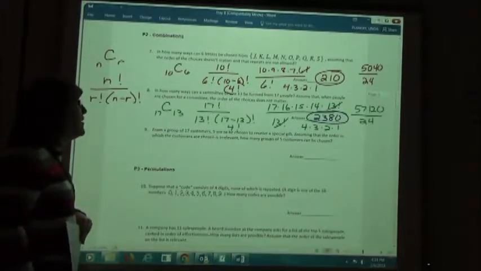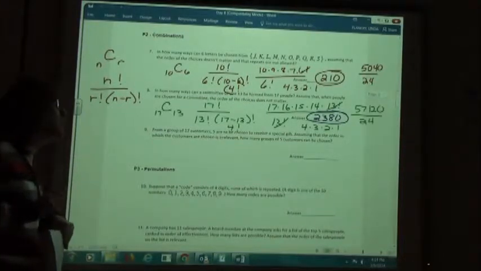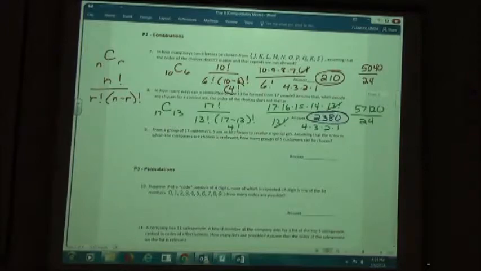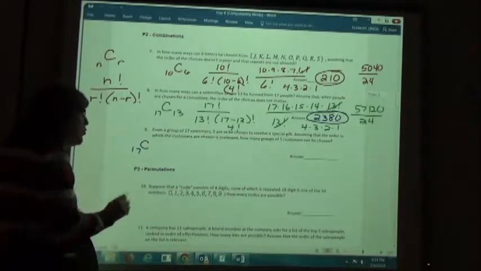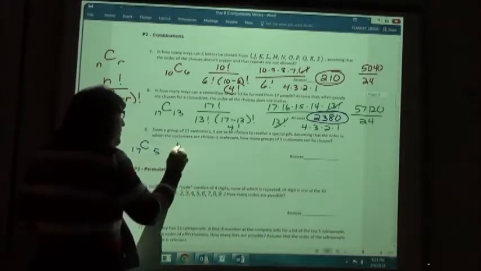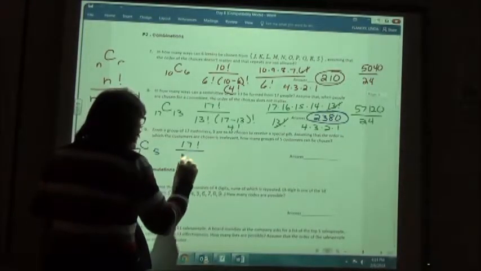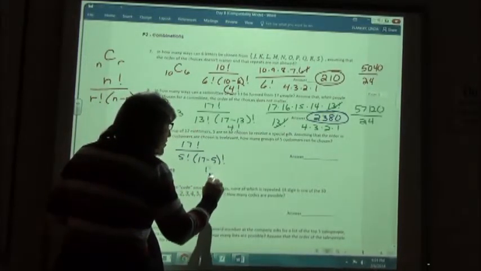Number 9, from a group of 17 customers, 5 are to be chosen to receive a special gift. Assuming that the order in which the customers are chosen is irrelevant, how many groups of 5 can be chosen? So again, I'm going to do a combination. I have 17 total customers. I'm going to pick 5 out of that 17. So 17 factorial over 5 factorial, and then I'd have 17 minus 5 factorial, which would be 12.